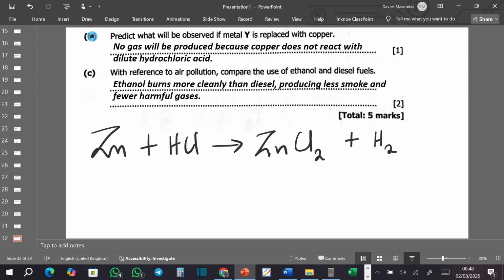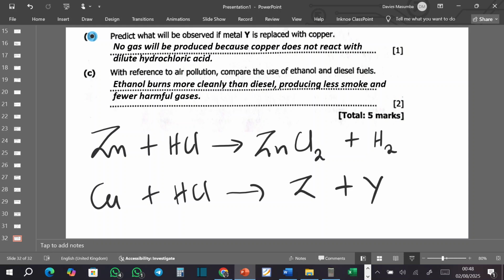But if I were to get copper plus hydrochloric acid, what will be the result here? If they put X, they'll say what was produced was Z and Y, identify Z and Y. You see here, copper is not more reactive than hydrogen.